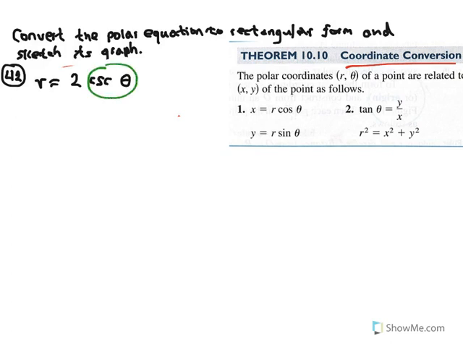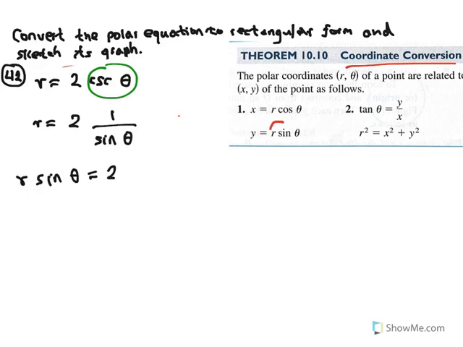You will remember from trigonometry that cosecant is the reciprocal of sine, so you can write r is equal to 2 times 1 over sine theta. Then you can multiply both sides of the equation by sine theta. You get r sine theta is equal to 2.